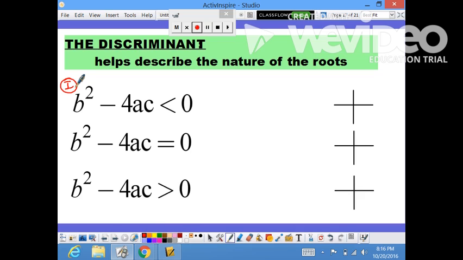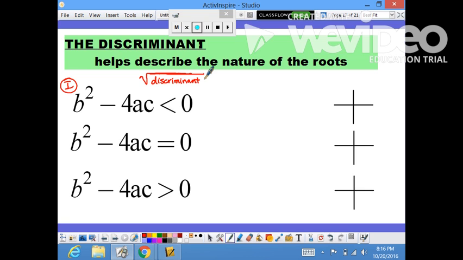So we just talked about negative numbers, and because your discriminant is located under a square root symbol, it's important to note that if the discriminant is negative, then the square root of a negative number is an imaginary number.